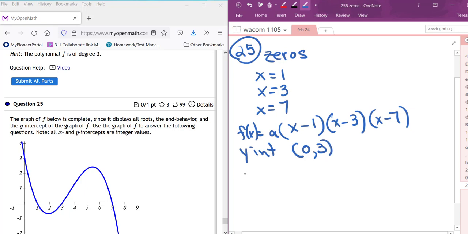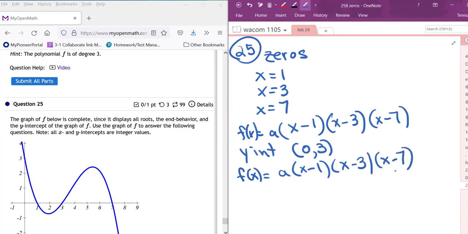Right, so we have f of x equals a times x minus 1, x minus 3, x minus 7. We're going to plug in f of 0, and then this will equal 3 because this is really y. So we're plugging in 0 into all the x's.